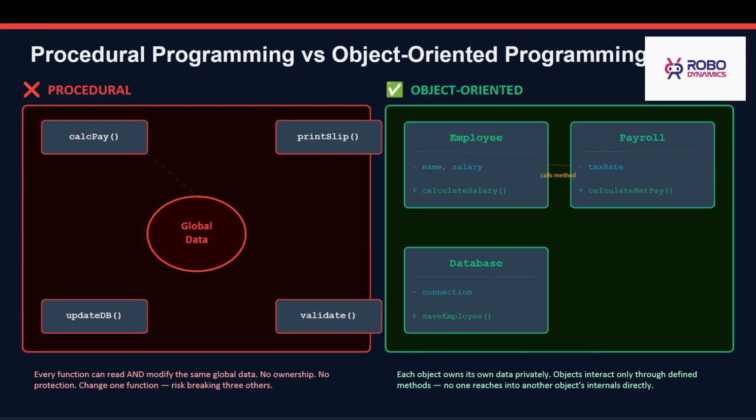In order to solve this particular problem, object oriented concepts came into the picture. Now, instead of modularizing the whole code base with functions, we have objects. For example, in a payroll system, employee is an object, payroll is an object, and database is an object. The name and salary belong to employee.